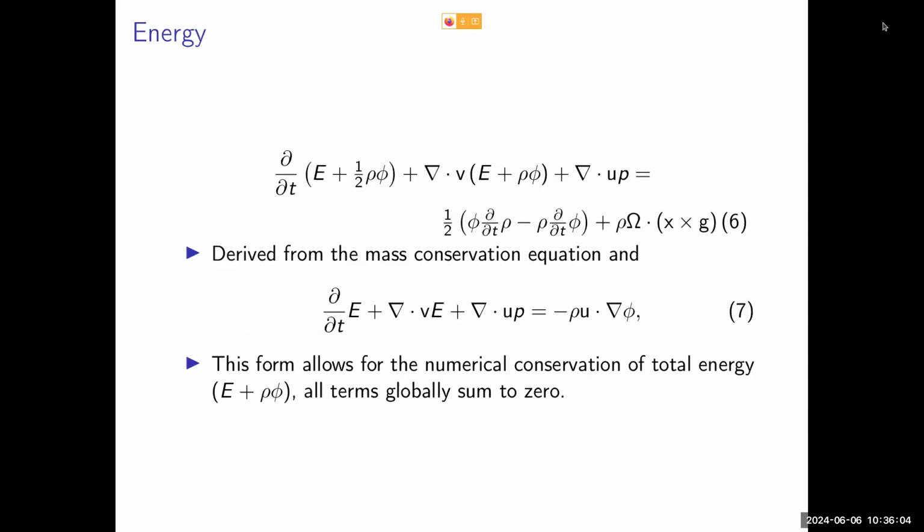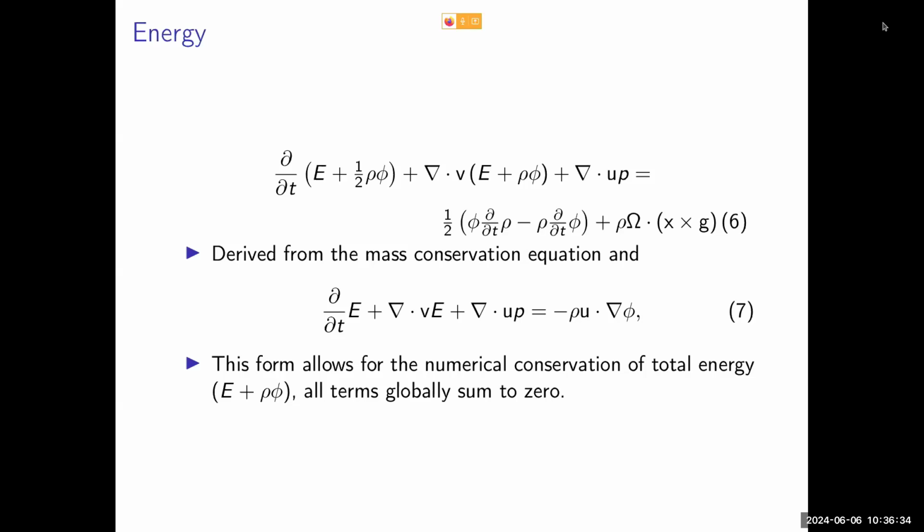The energy equation is a little rearranged. And we do it this way because when you take the numerical form of that, you wind up being able to conserve total energy, which is the sum of potential plus the E, kinetic and internal, and potential gravity.